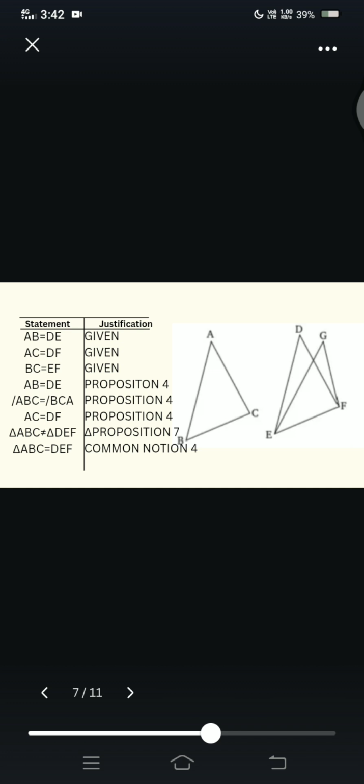So their bases are equal. So between our line AB and line AC, we have the angle ABC, right? And the same with our triangle DEF.